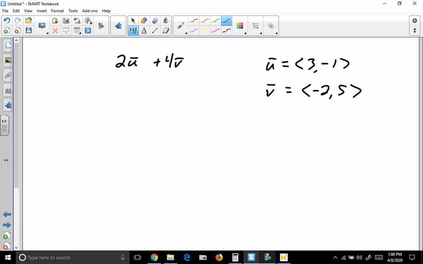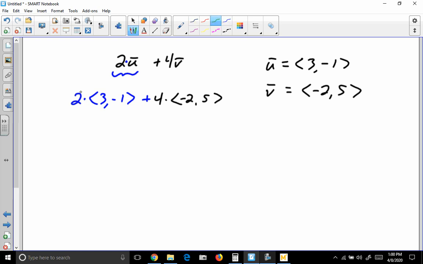So if you watch the video from this section, 2u, 2 is a scalar multiple. So we're multiplying the number 2 times the whole vector u. So we're doing 2 times 3, -1. And then we're doing the same thing with v. We're doing 4 times the vector v.